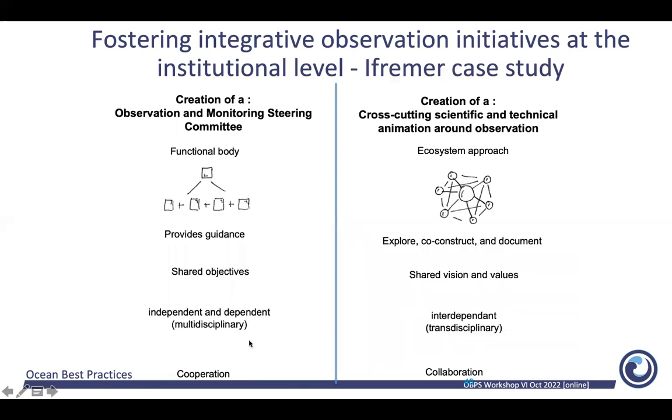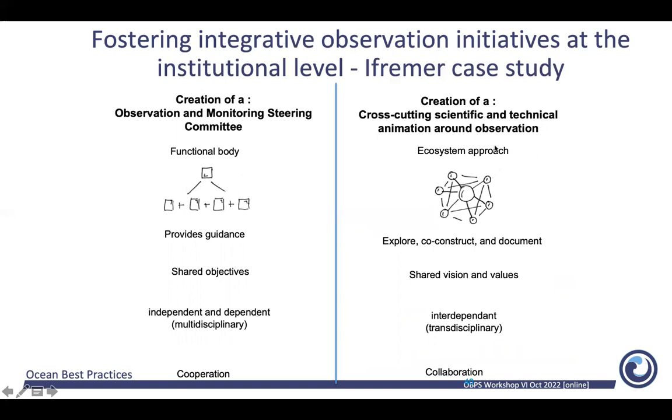I don't know if you are familiar with this distinction between cooperation and collaboration. What I learned from the literature is that cooperation builds functional bodies and provides guidance. When you work in a cooperative way, you share objectives and you can work independently and dependently, in a work-package kind of structure.